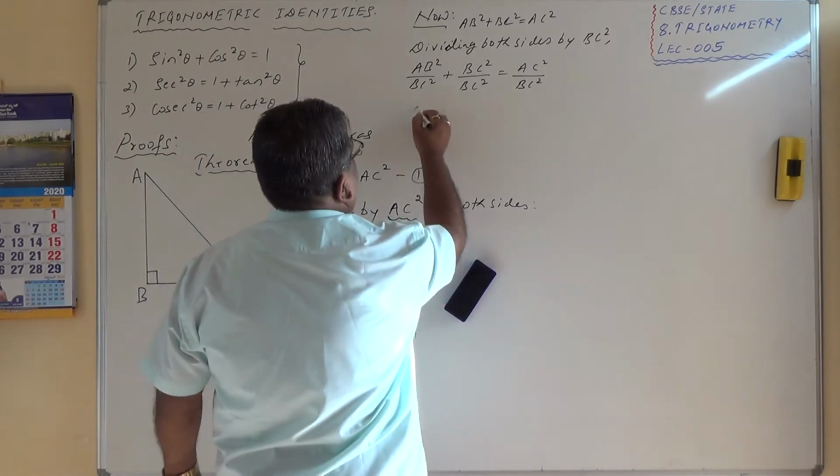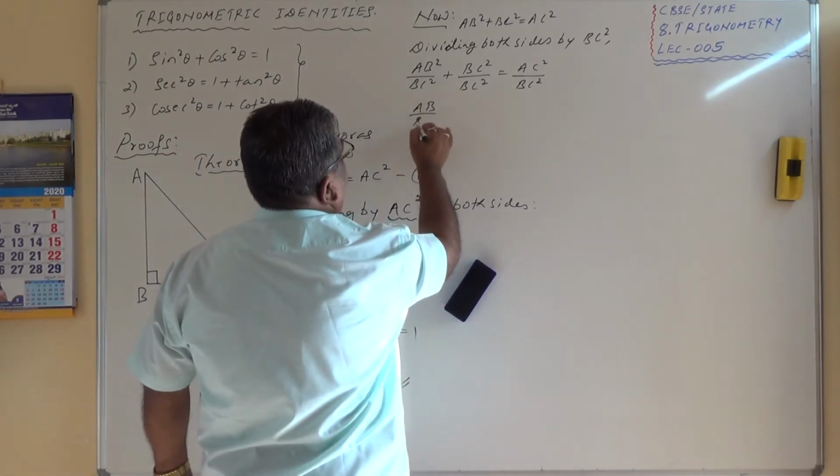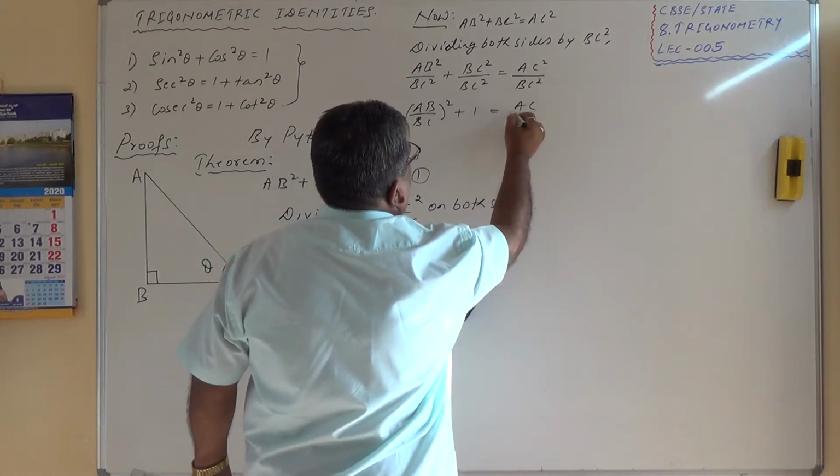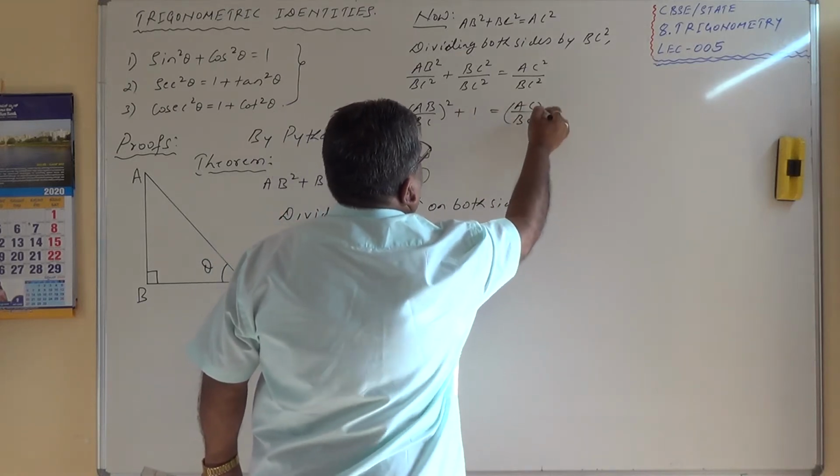So this is nothing but AB by BC the whole square plus 1 equals AC by BC the whole square.